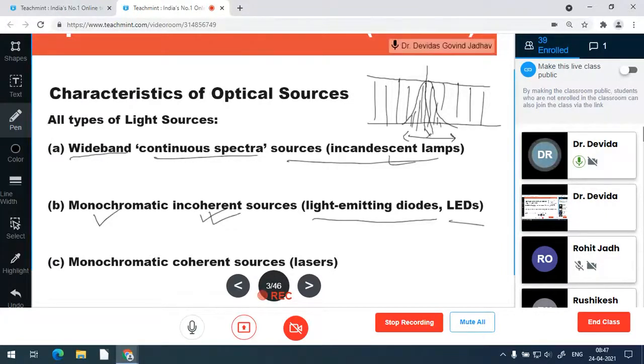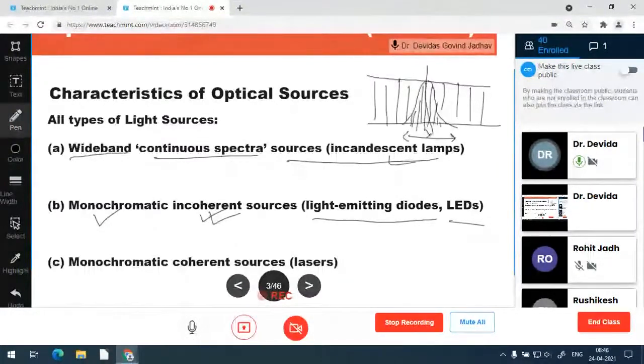So photons in an LED are not maintaining phase relationship. They are having different directions, different times of radiation. So the spatial as well as temporal phase relationship is not maintained.